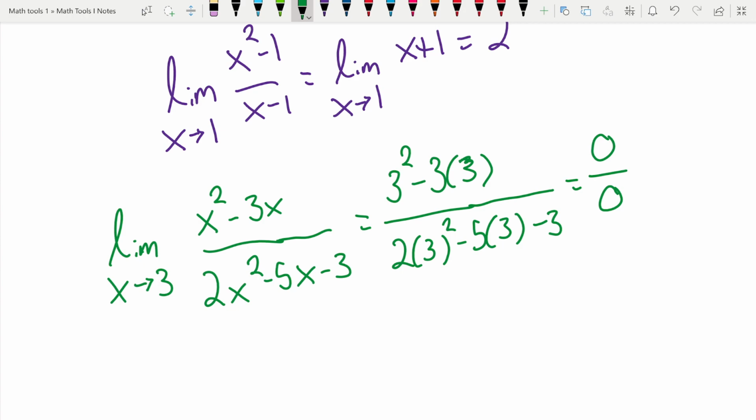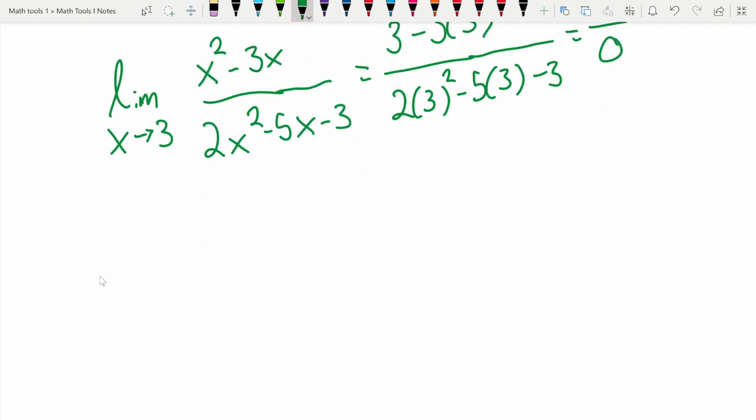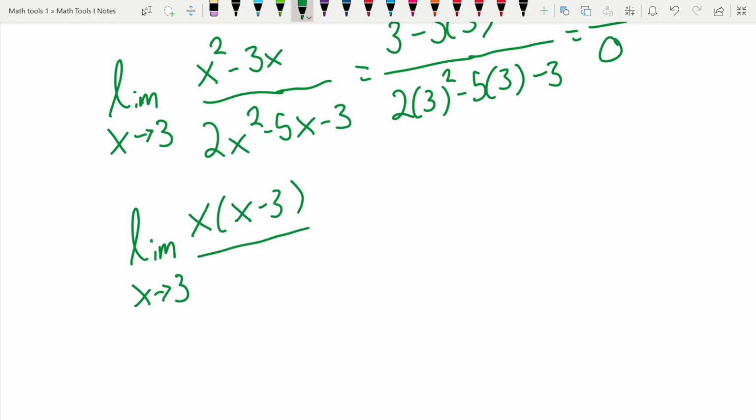So now this is a hint that there's some algebra we can do. In this case, it'll be factoring. So we'll go ahead and do that. We get the limit as x approaches 3 of, we can just go ahead and do the factoring now. x times x minus 3 on the top, right? We can pull an x out of both terms.